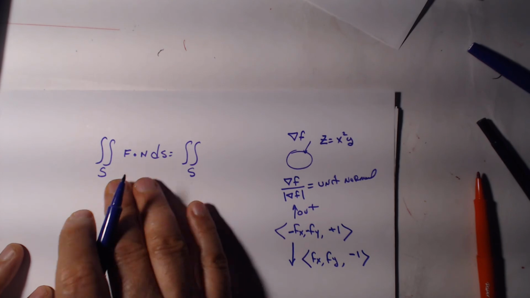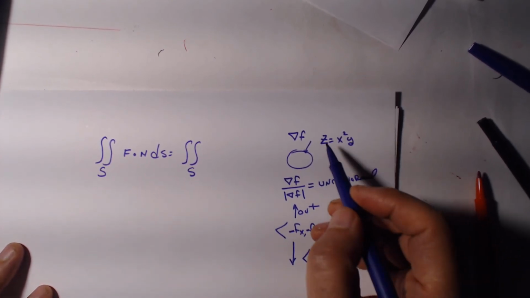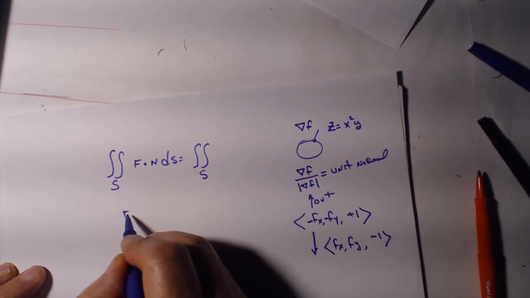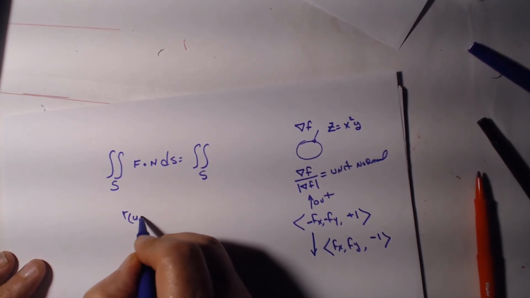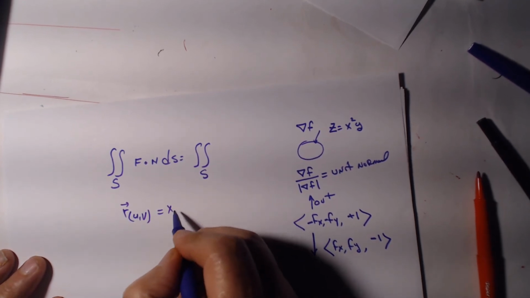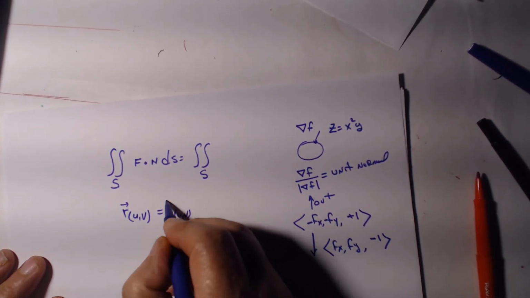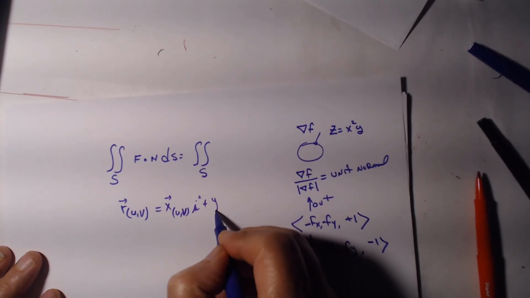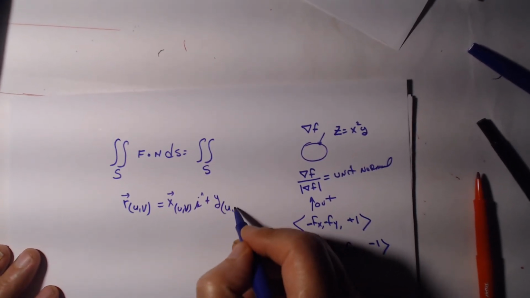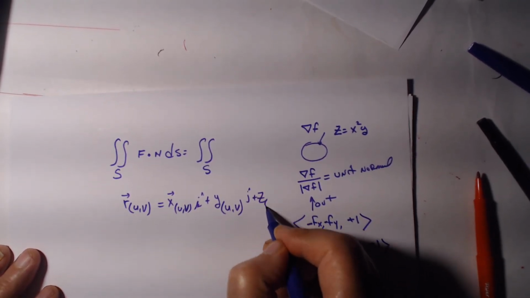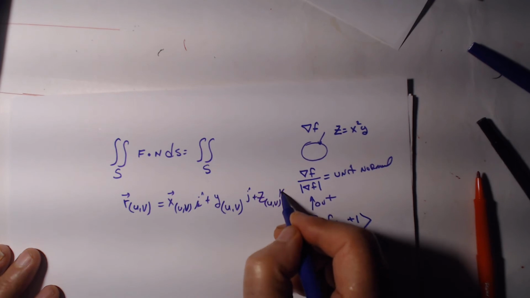Therefore, if you need a unit normal vector and it's a scalar valued function, you can use the gradient. But somebody said, what happens if it's a parameterized surface, and your x is a function of u and v, i, and your y is a function of u and v, j, and your z is a function of u and v, k?